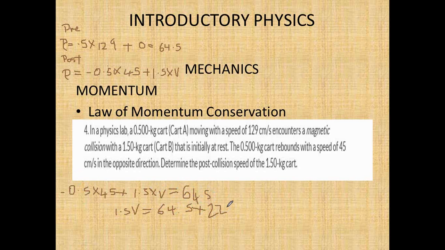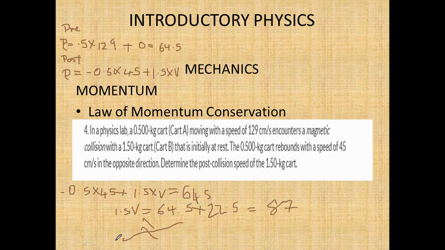Remember, your signs are very important when you're doing these problems. These are vectors. So when you sum this, it is equal to 87.